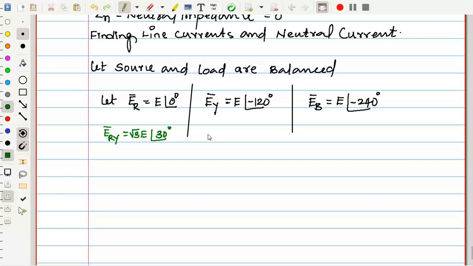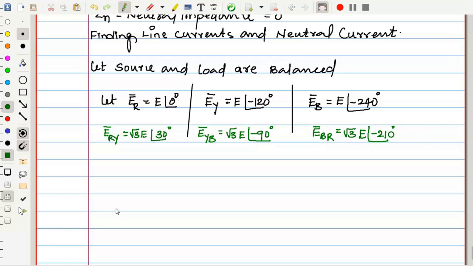Are you understanding? Eyb is equal to root 3 E at an angle of, tell me, 90 degrees. You add root 3 at an angle of 30 degrees to the above phase voltages. So root 3 is multiplied, and the angle is added to this angle, so you will get it. Then Ebr is equal to root 3 E at an angle of, tell me, minus 210 or plus 150.